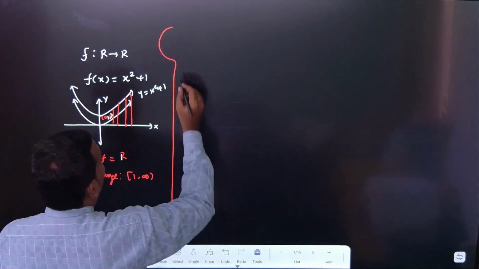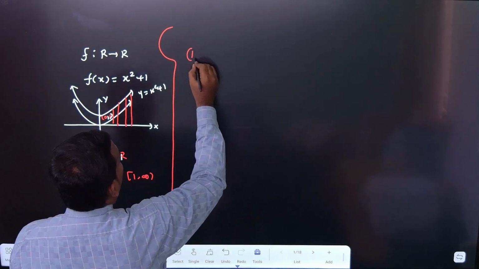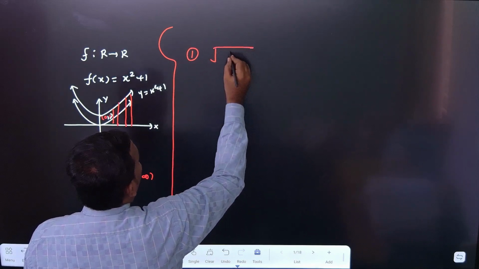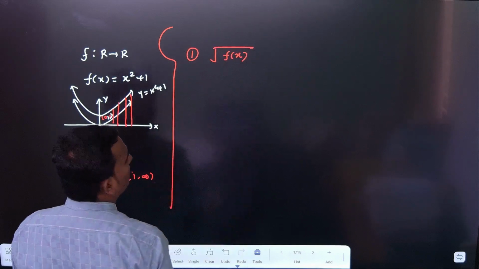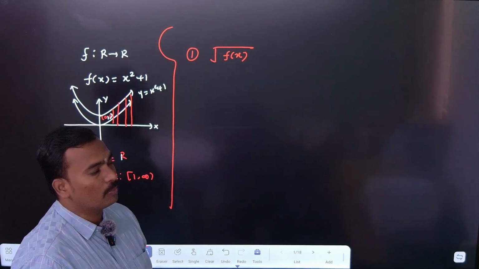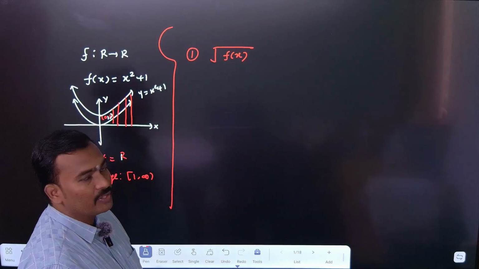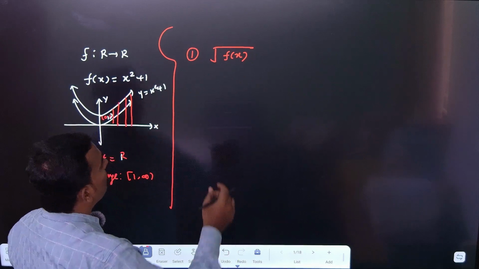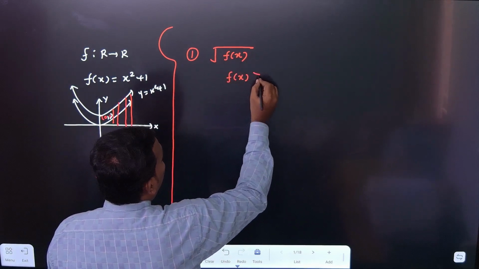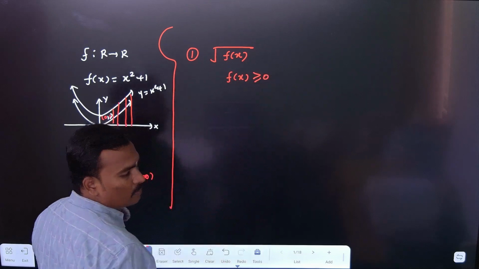First, suppose you have a function like square root of f of x. How do we find the domain here? First you have to understand that under the square root, the expression is always greater than or equal to 0. Why?